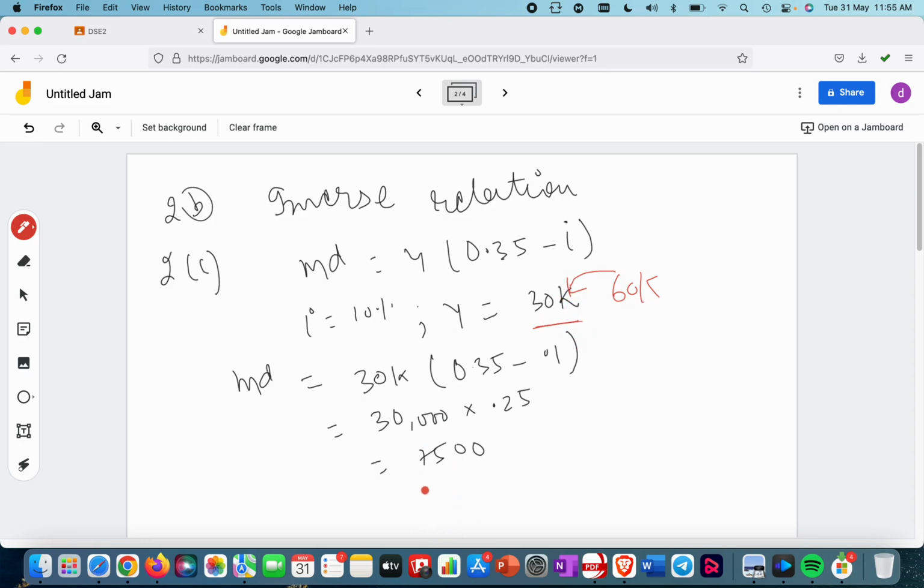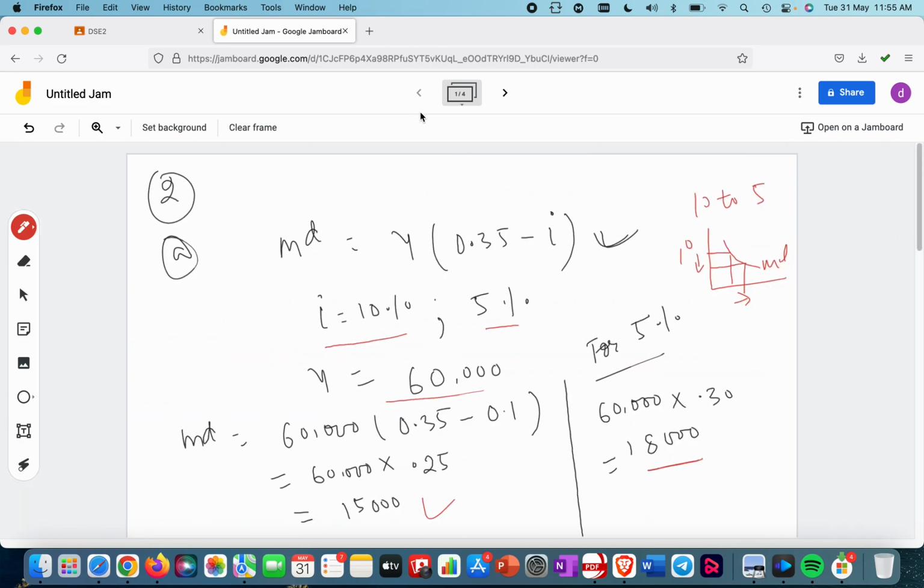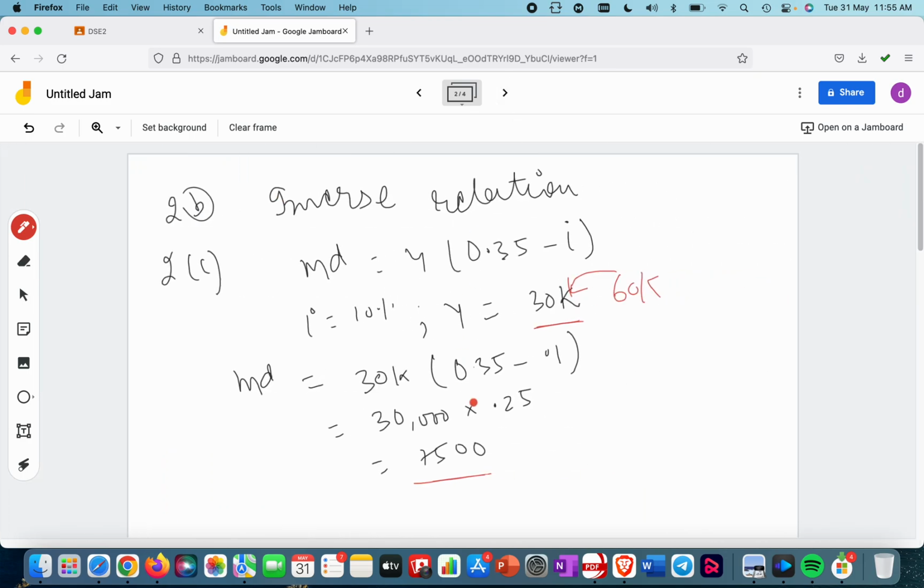So in that case, demand for money is 7,500. Now if you recall, at 10% rate of interest, your demand was this 15,000, and here it becomes 7,500. So demand for money reduced by 50% according to this question.